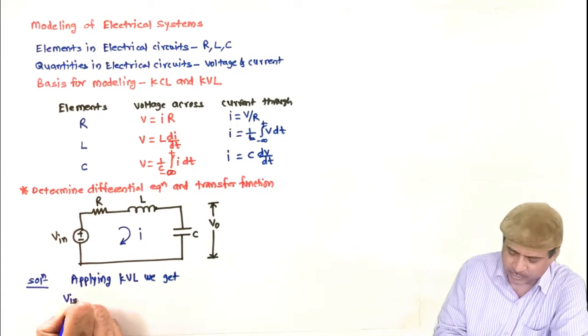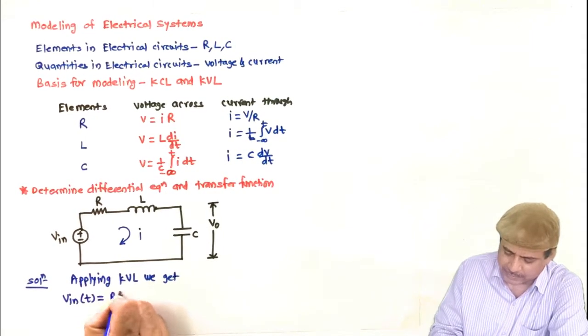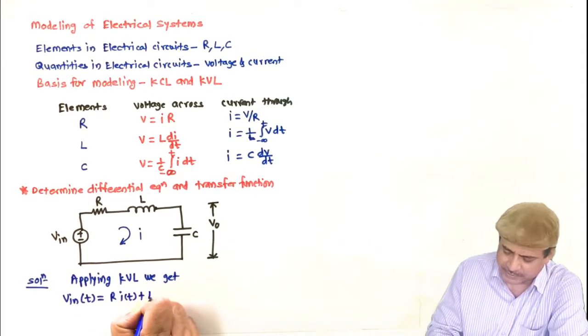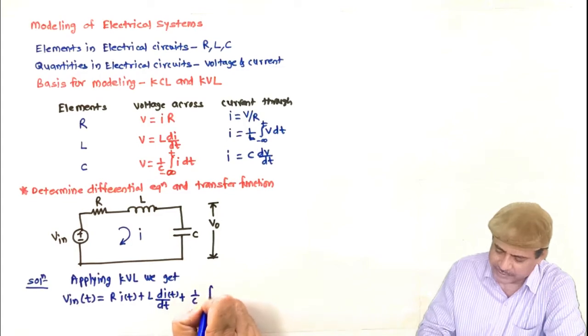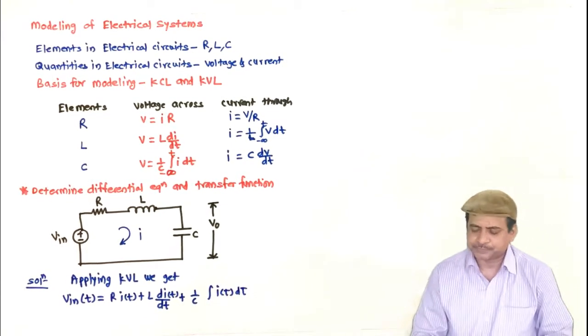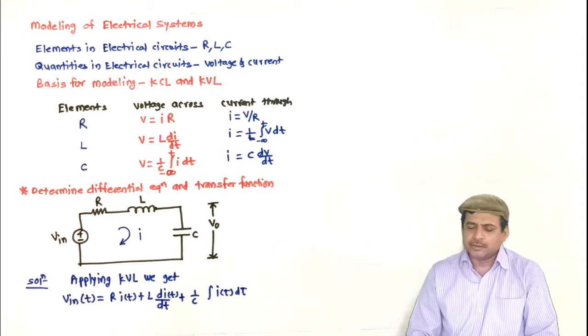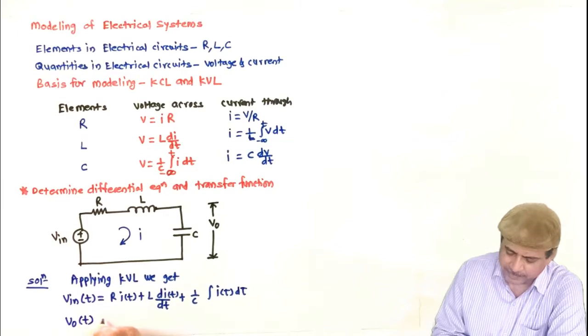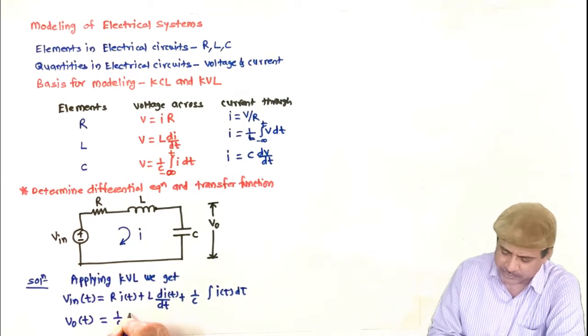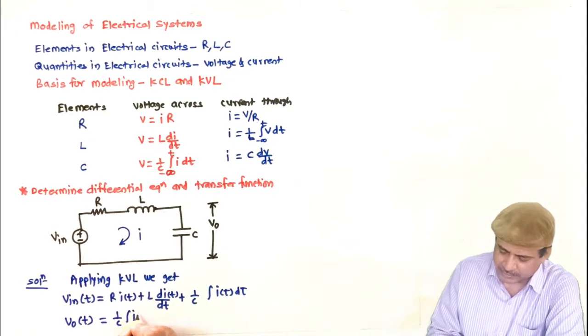So V in of t is equal to R I of t plus L di of t by dt plus 1 by C integration I of tau d tau. And what will be V output of t? V output of t is equal to 1 upon C integration I of tau d tau.